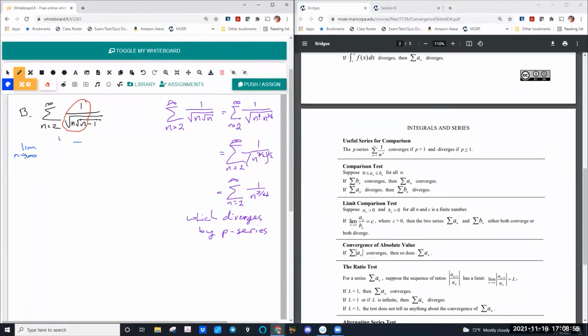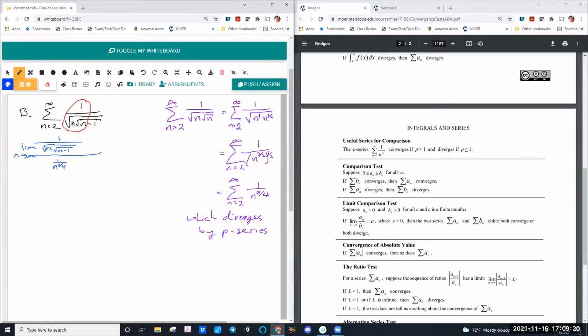That's, again, arbitrary. Square root of n, square root of n minus 1 over, and I can just write it like this. This is fine. Or we can write it in terms of radicals. 1 over n to the 3/4.